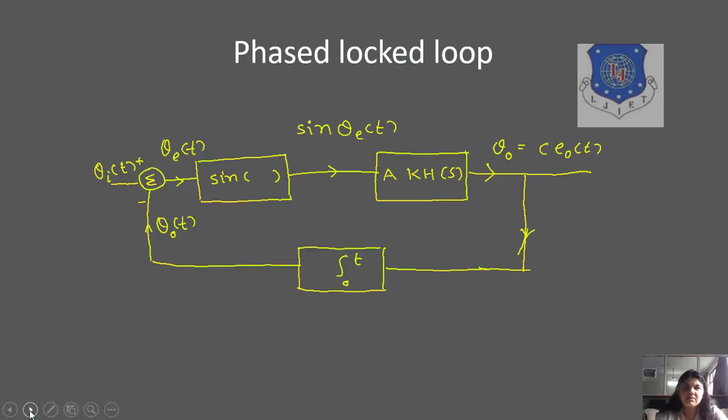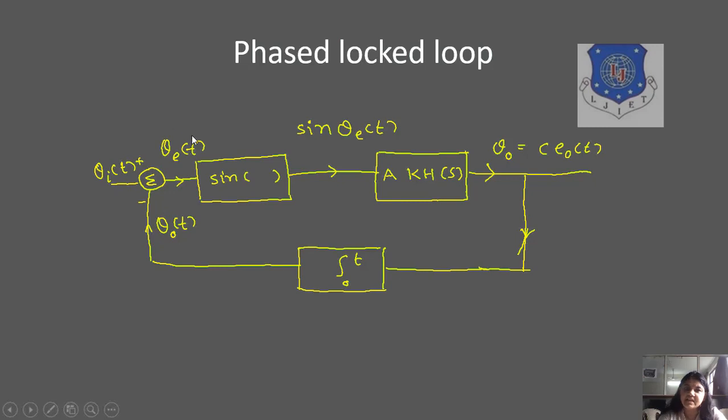This is the equivalent circuit for the PLL, which consists of three basic components: the low pass filter, voltage control oscillator, and the multiplier. We have the input signal with phase θi(t), then the feedback from the voltage control oscillator having the phase θ0(t). Using θi(t) and θ0(t), the signal θe(t) is generated.